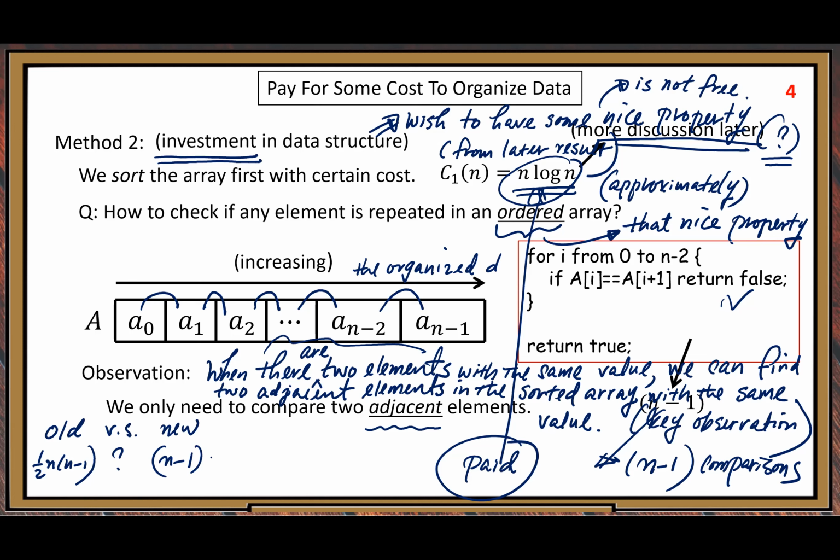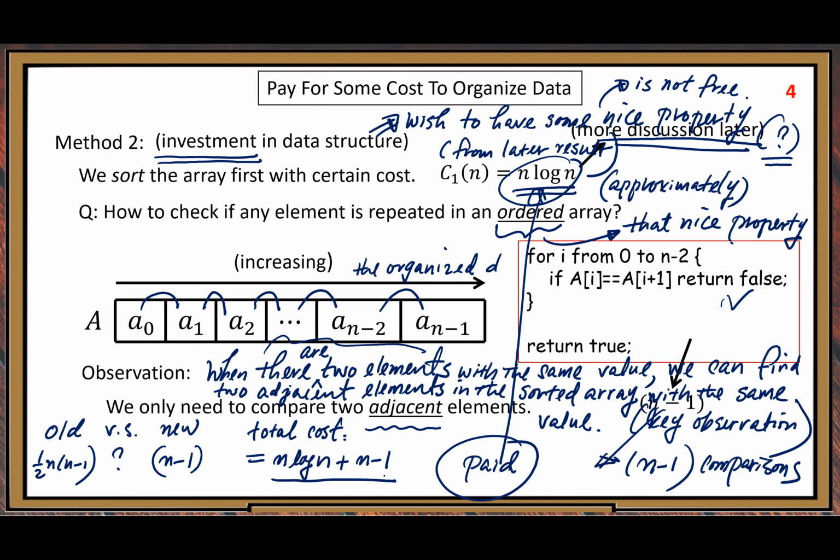So that's the second part of the cost. The total cost of this method equals the data organization cost plus the comparison cost. That is the total cost.